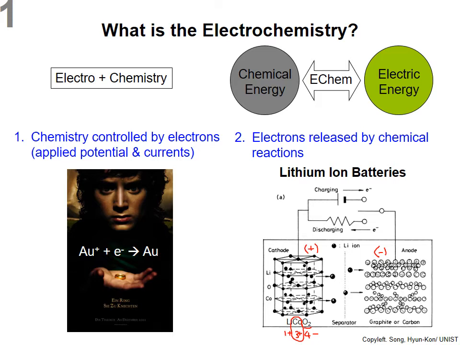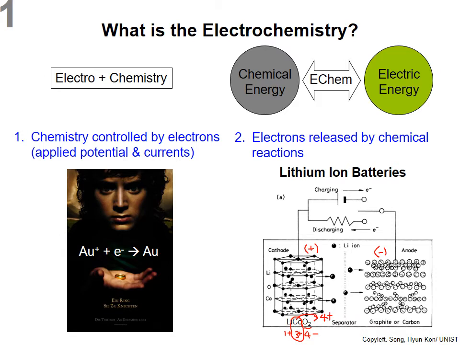This one is 3+. Right now you have applied a positive potential to this material, lithium cobalt oxide, right? So this 3+ is going to 4+ cobalt.